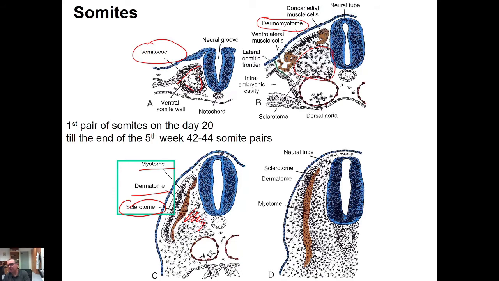Myotome doesn't transform into mesenchyme. Its cells become myoblasts, and it is the source of skeletal muscle tissue. And all skeletal muscle tissues of the body are derived from myotome. So you should remember that there doesn't exist another source of skeletal muscle than paraxial mesoderm, and particularly its myotome.